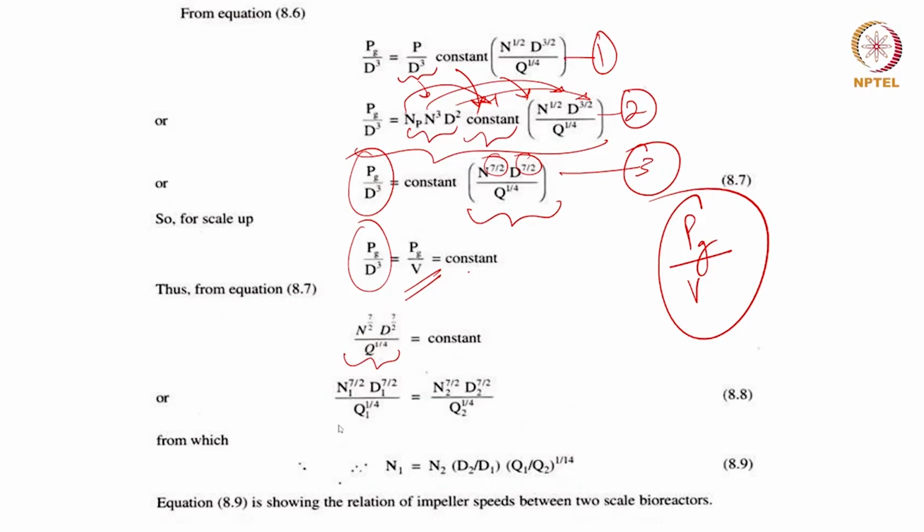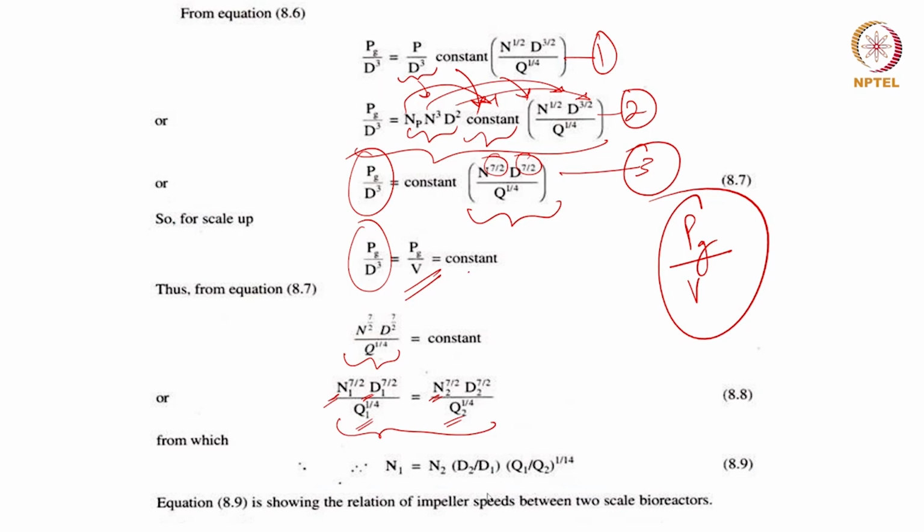So this will give us a correlation between the operating parameters at the two scales, which involves the impeller speed, the diameter of the impeller, and the volumetric gas flow rate. So this is how the operating parameters at the two scales can be related.